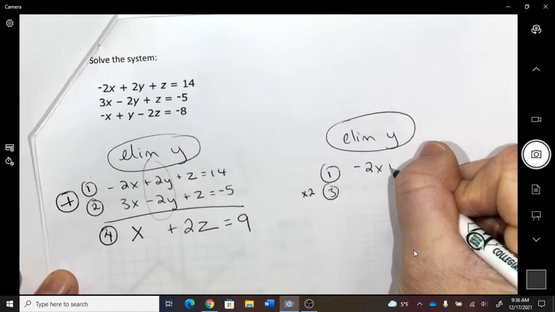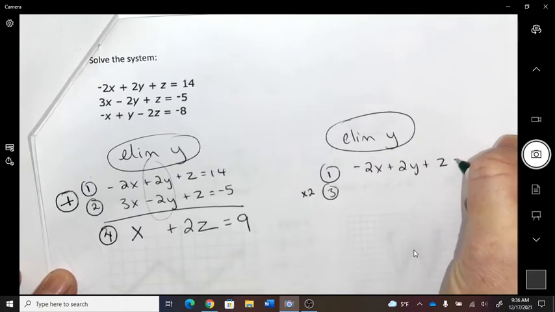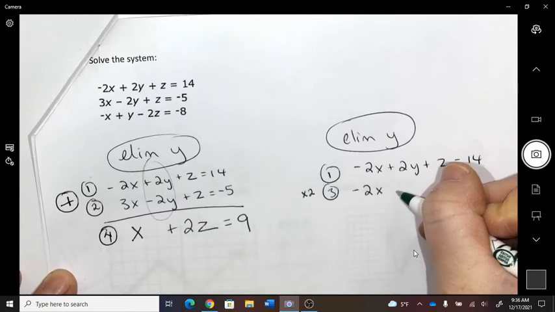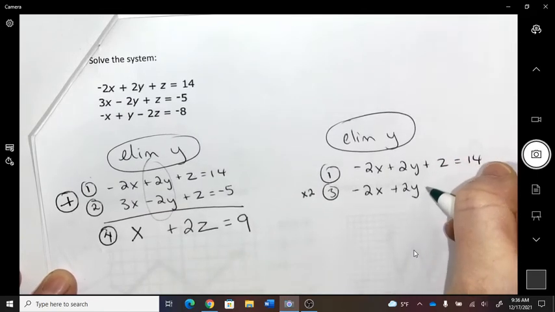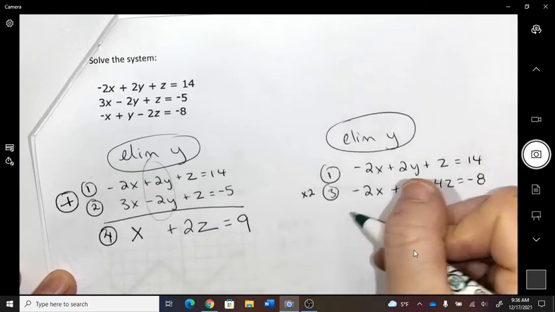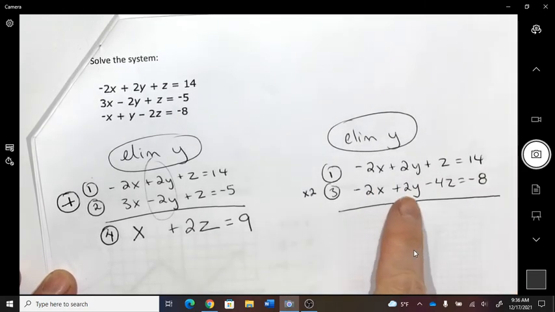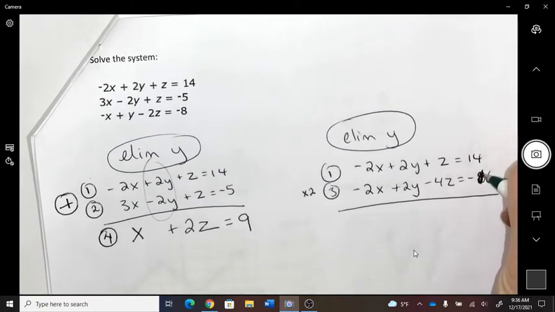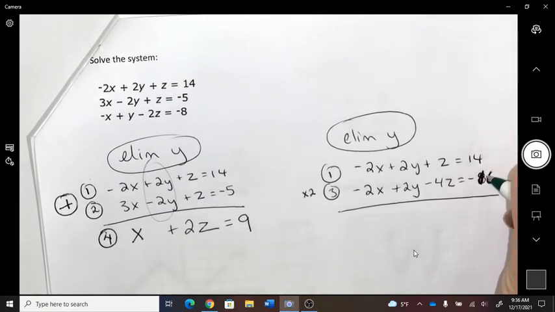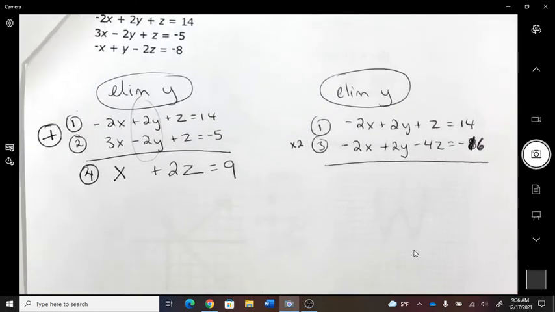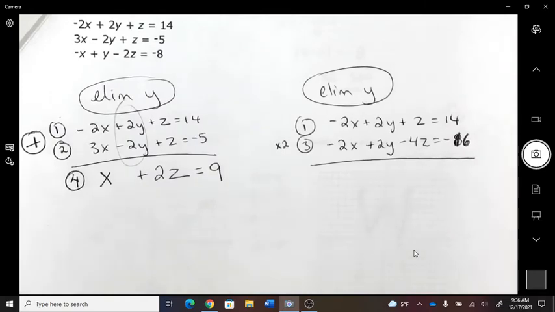So equation 1, and then I'm going to double. I almost made a mistake. I almost forgot that I have to double everything.